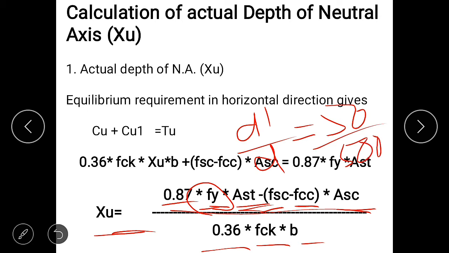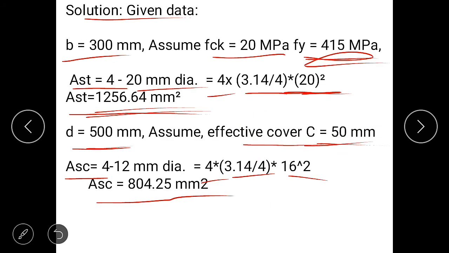So for ratio 0.1 and steel 415, take the D dash value, it is FSC, and FCC is neglected here, 0, because 0.45 into FCK is smaller than 0.46 into D. So into ASC minus 0.36 FCK, FCK is 20 and B is 300.